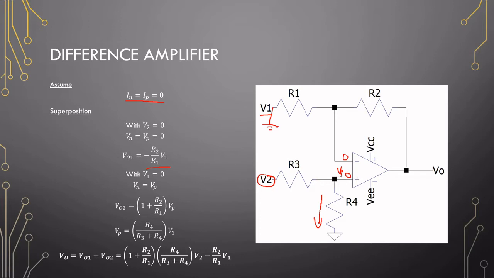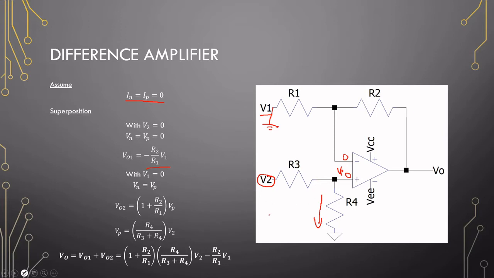So the voltage at VP is the voltage division of V2, and the input here is just non-inverting configuration. Okay, so VP is being amplified and V2 is being voltage divided. If we add all of these equations, we find this one here at the bottom. Okay, so that is how we find the equation of the difference amp.